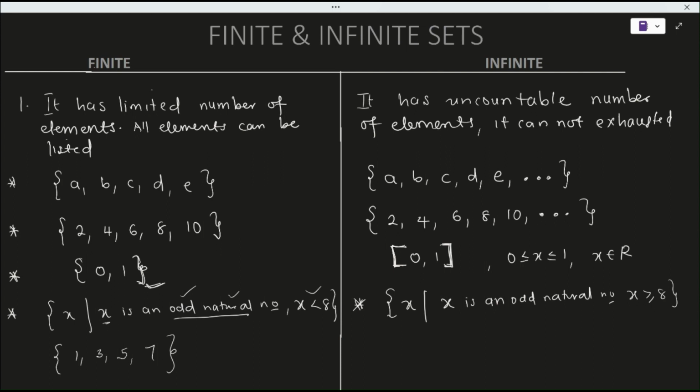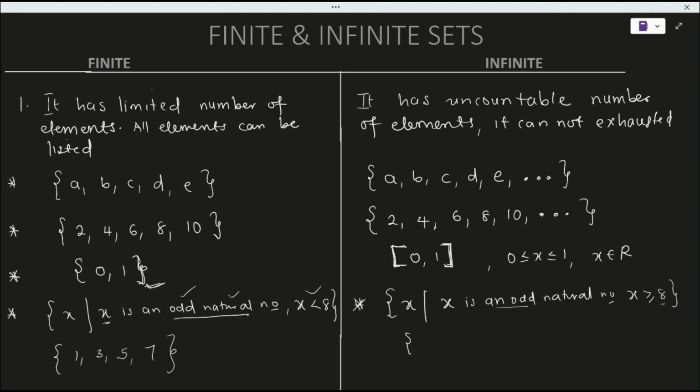Now, if you look at this, it has to be odd. So we go to the natural numbers, then we pick those numbers that are greater than or equal to 8. We cannot start with 8 because 8 is not an odd number, right? It is a natural number, but it's not odd.